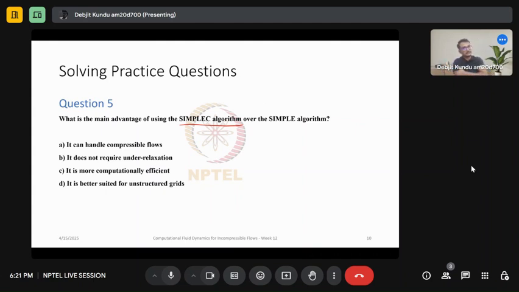Option C, that it is more computationally efficient? Is it option D, that it is better suited for unstructured grids? So SIMPLEC meaning SIMPLE corrected.